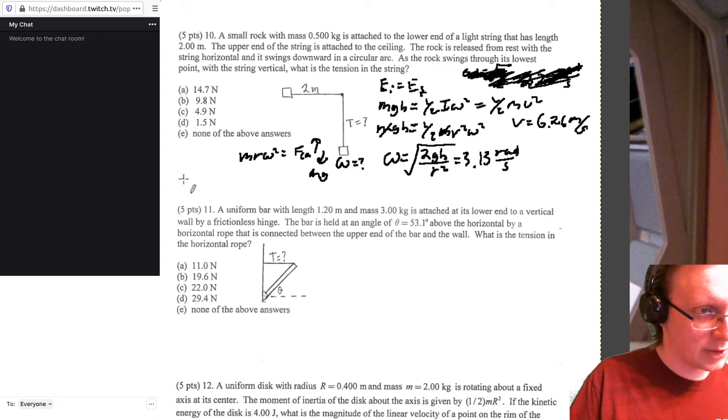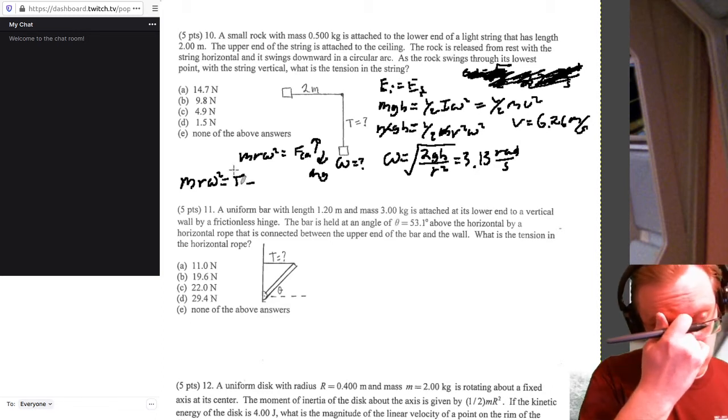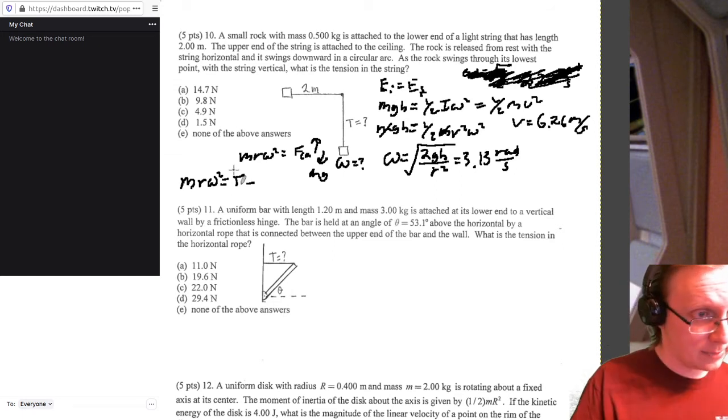So we have tension going up, minus gravity coming down. The centripetal force required for motion is therefore equal to tension minus gravity. Therefore our tension is equal to m r omega squared plus mg.